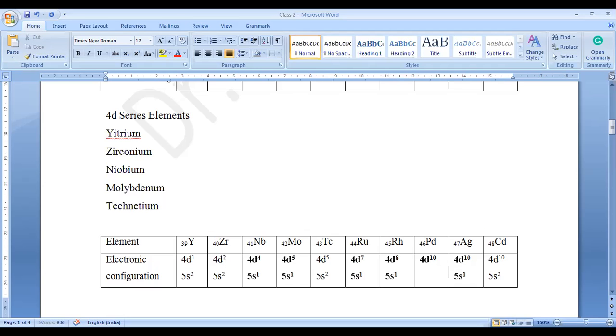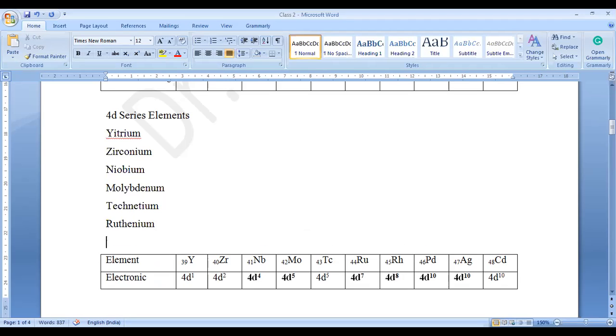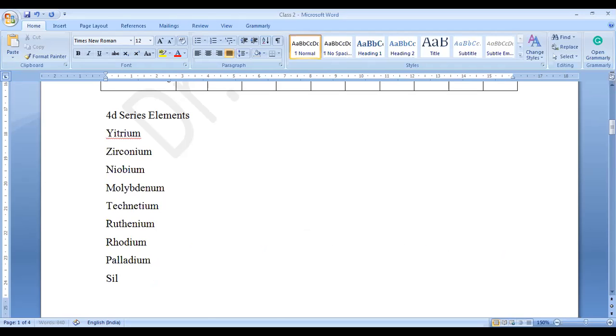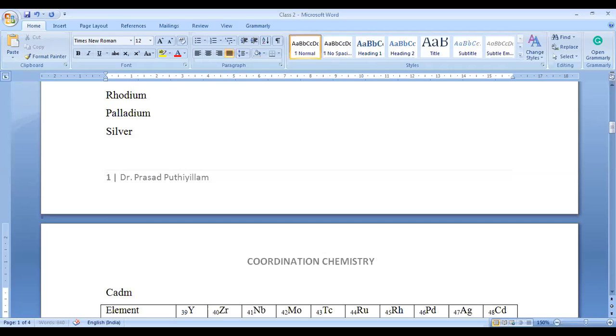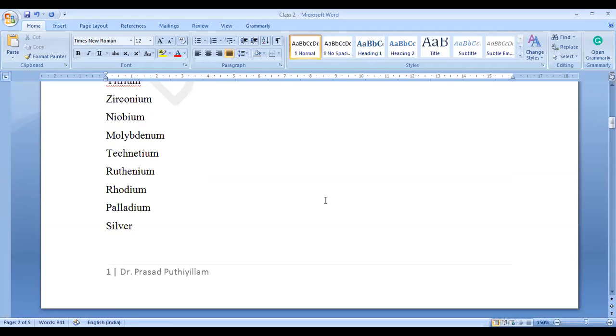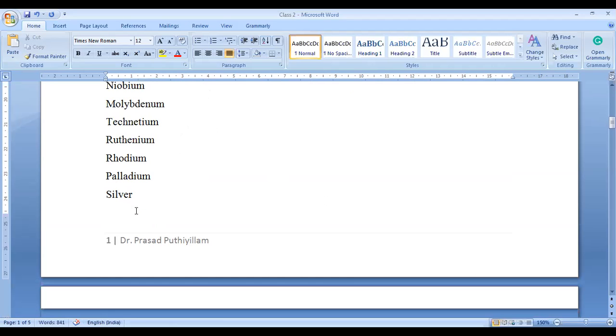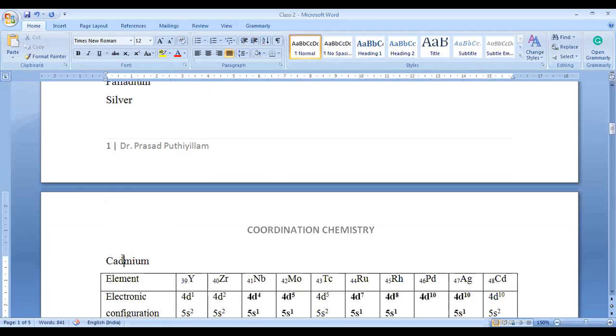Then comes ruthenium, then rhodium, then palladium, after palladium it is silver and cadmium. So these are the 4d series elements: yttrium, zirconium, niobium, molybdenum, technetium, ruthenium, rhodium, palladium, silver, and cadmium.